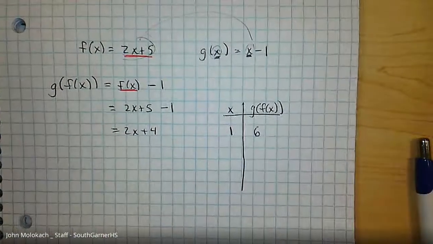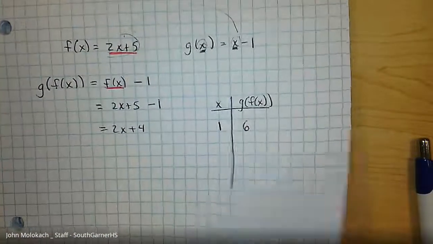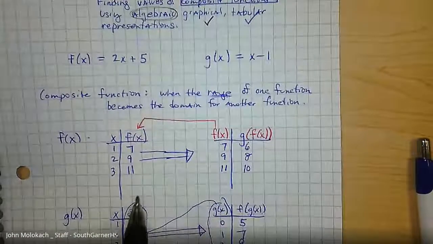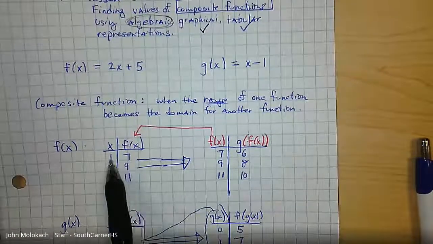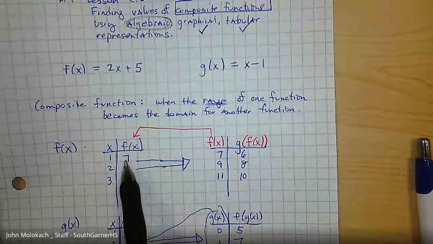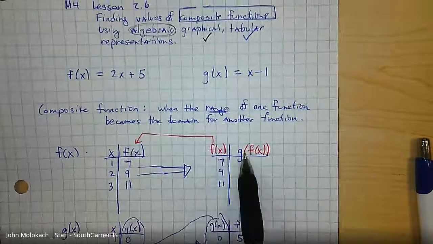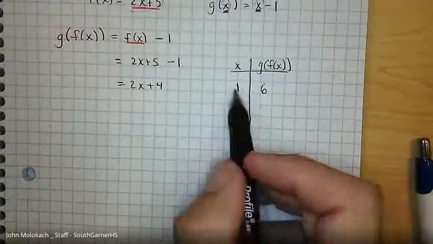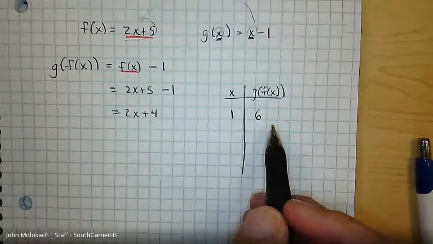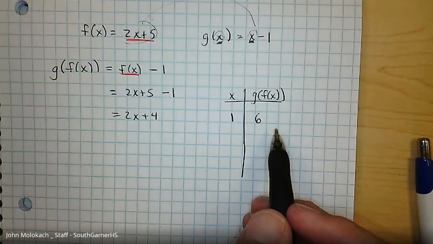Whereas before, when I did this with a tabular way of doing it, to get 6, I had to first find f of x. I had to get the 7 for f of x and then put 7 into the g of x function and get 6. But this is sort of the way of finding it straight off without having to do that. It's an algebraic way of doing it.